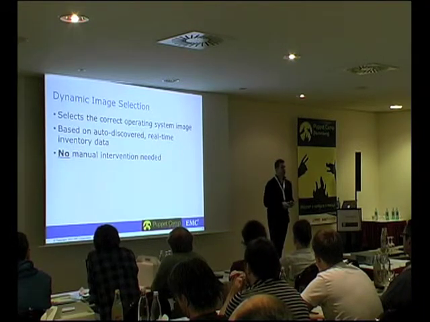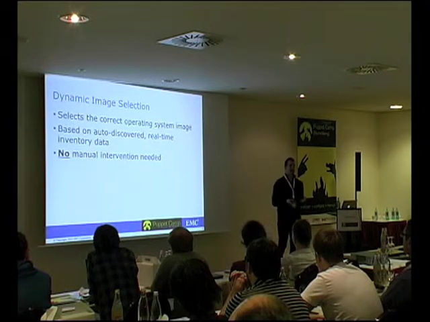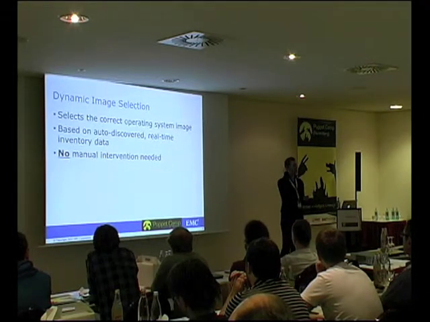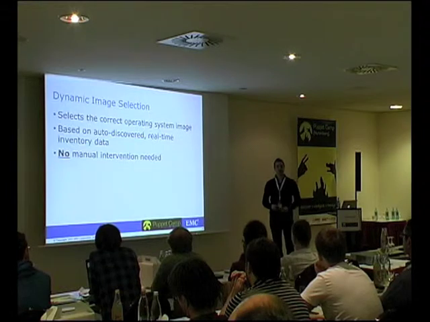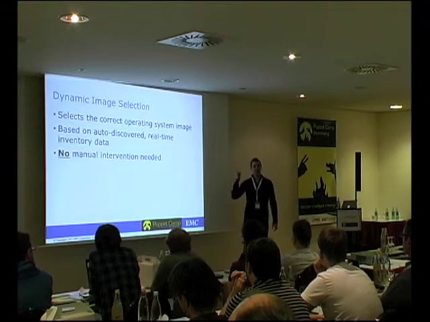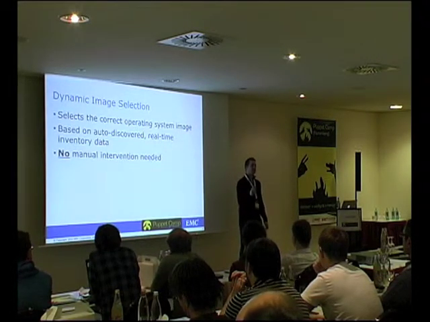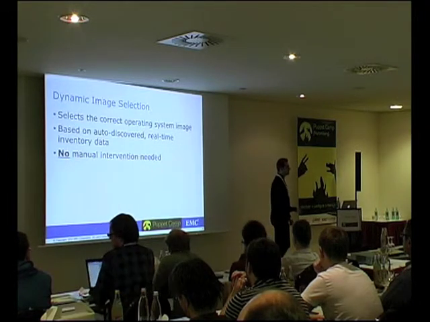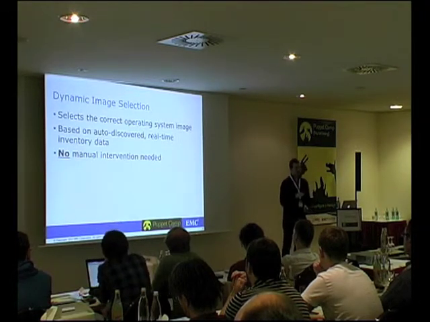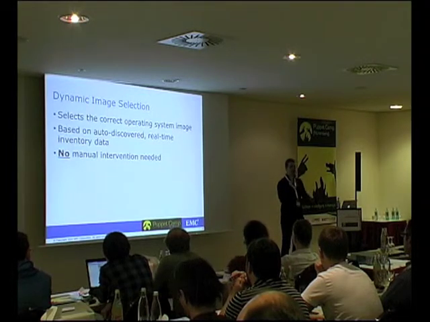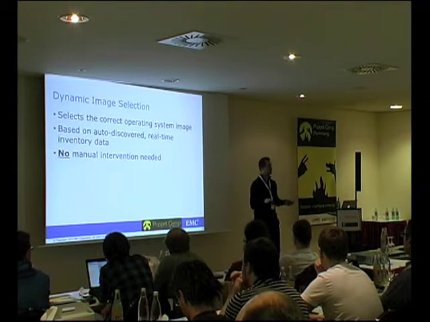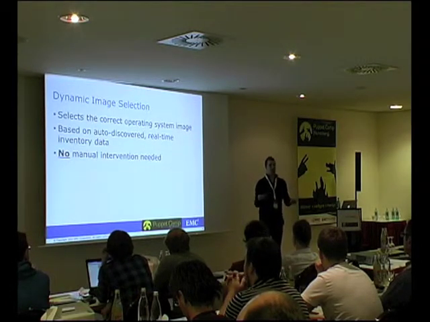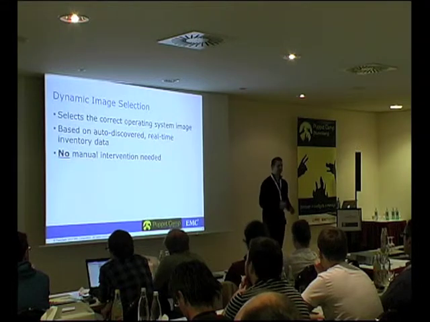The Razor server says, okay, I actually have a model and a policy that would apply to a hardware setup configured that way, 2 CPUs, 4 gig of RAM. And we can automatically, dynamically select the image that we want to install on that specific node. So you don't have to push any buttons, enter any host names, or enter any root passwords. It will automatically provision the server no matter where it is.